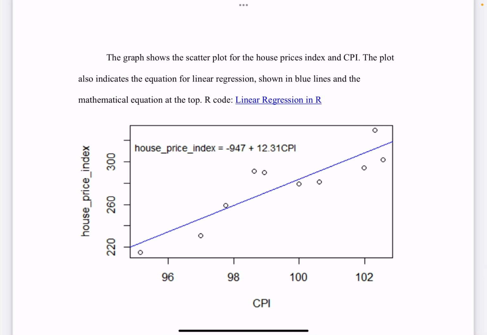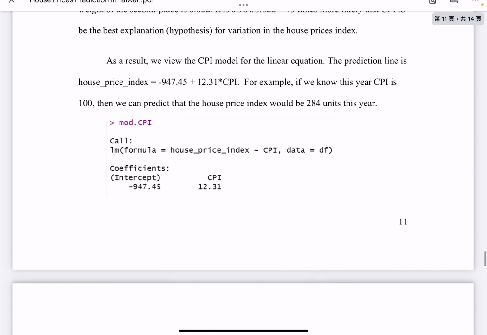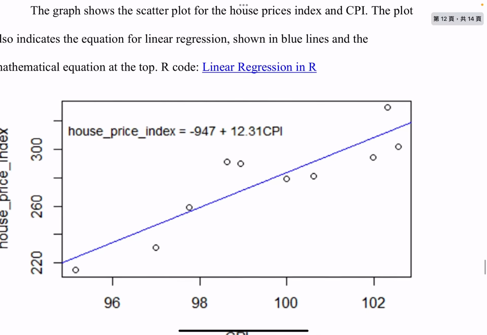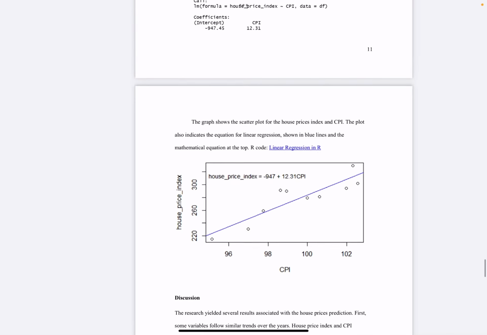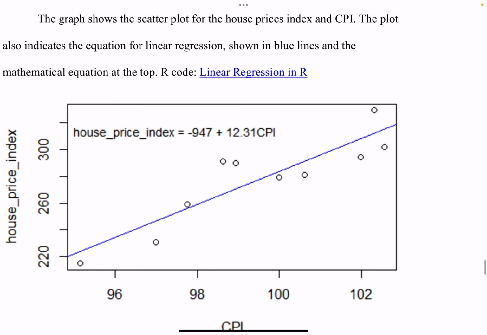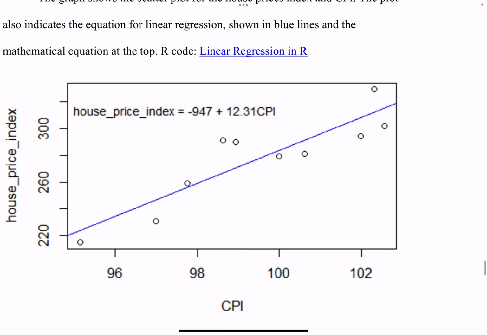And we draw a blue line to show the equation. So for example, if we know this year's CPI is 100, then we can predict that the house price index is 284.